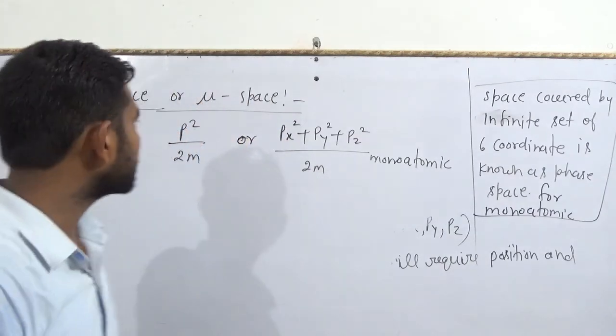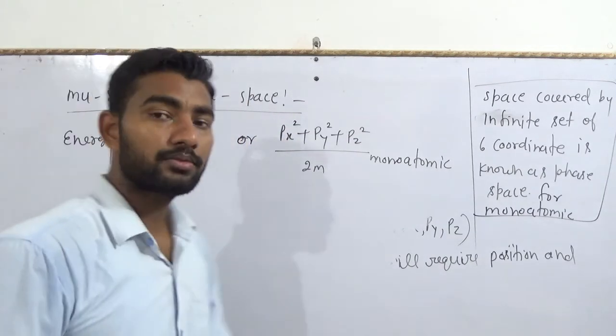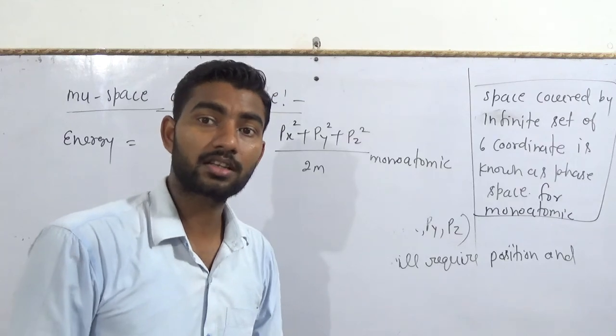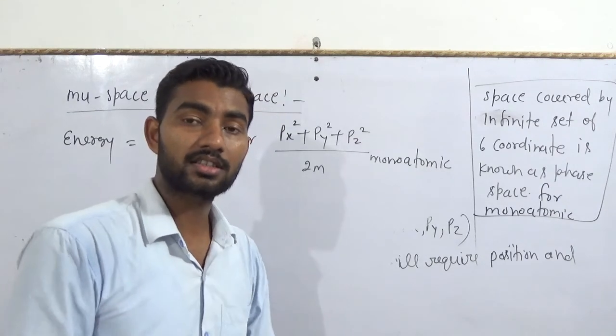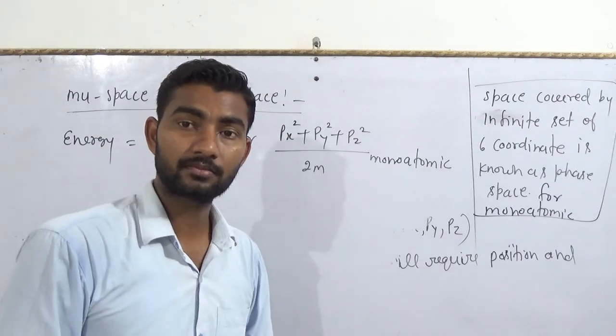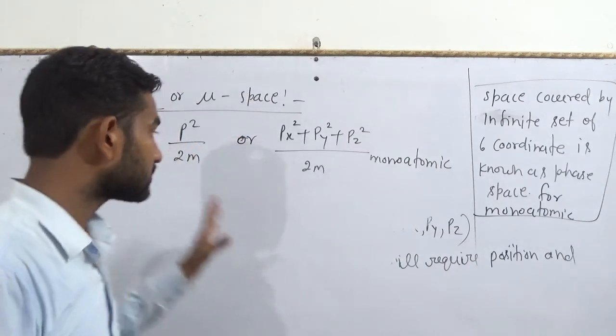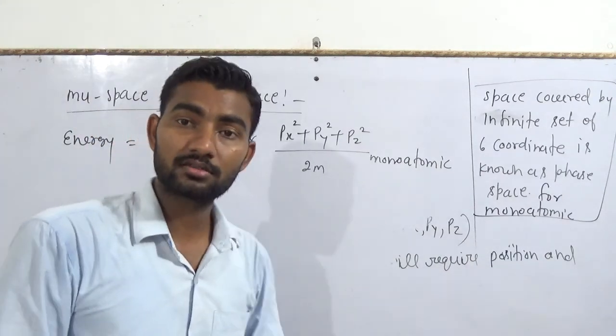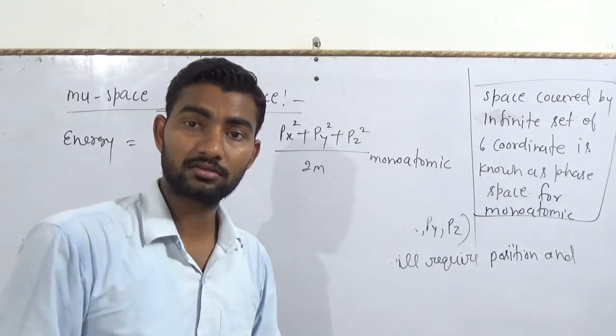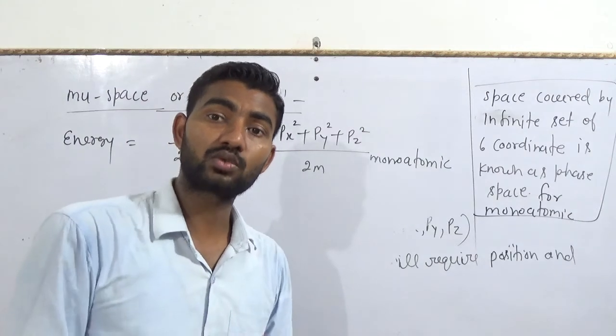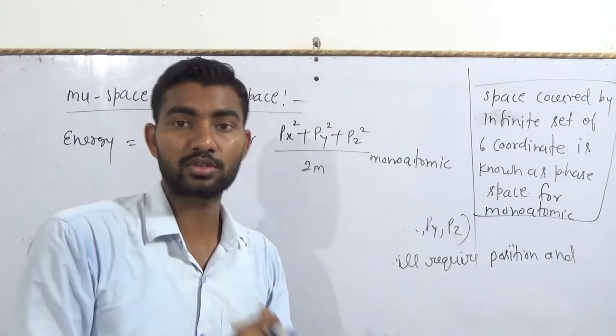Now the definition of mu space: this 6-dimensional space for a single particle is known as molecular phase space or mu space.